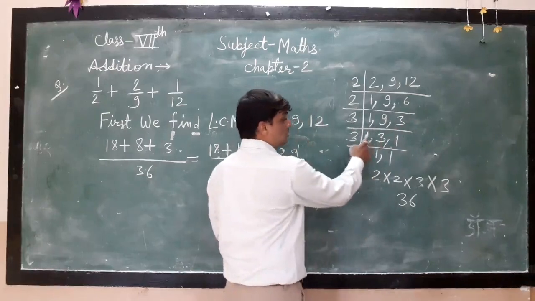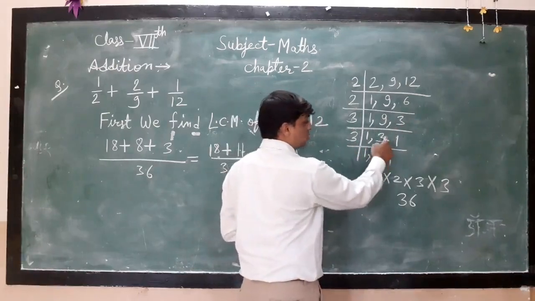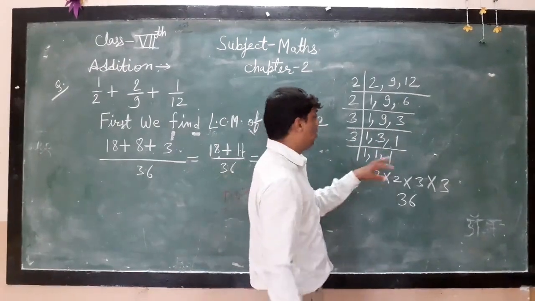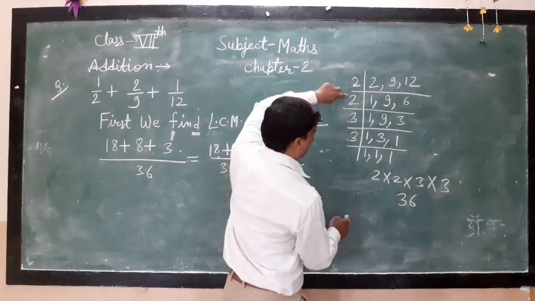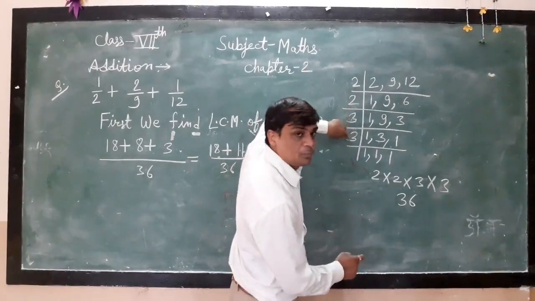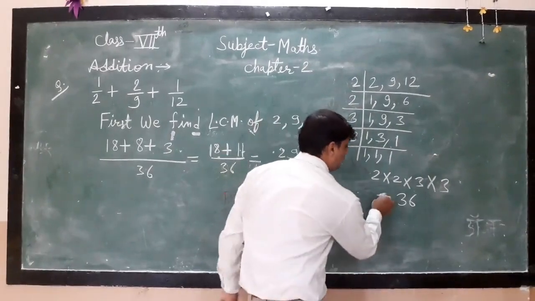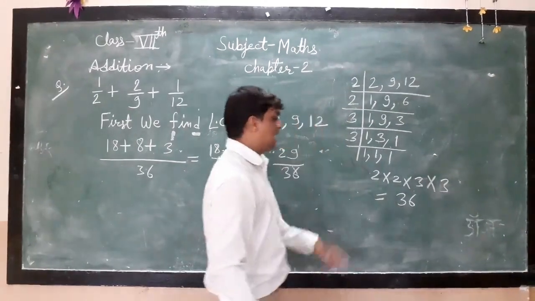Again 3, 1 as it is. 3 ones are 3, 1 as it is. Now the LCM is 2 multiply 2 multiply 3 multiply 3 is equal to 36. The LCM is 36.